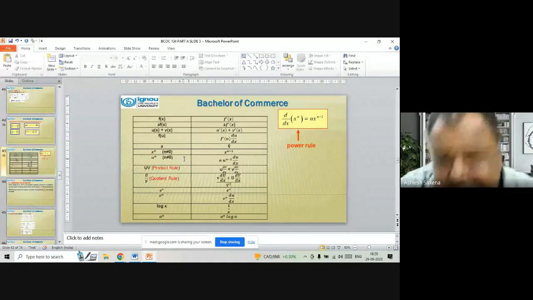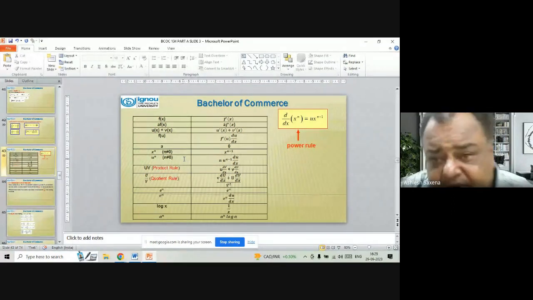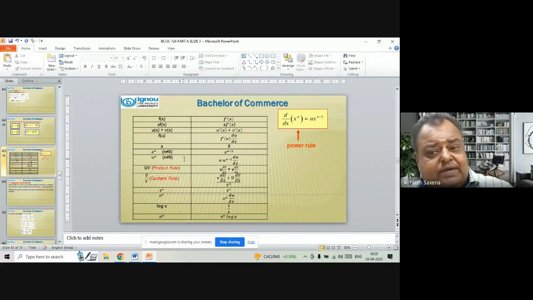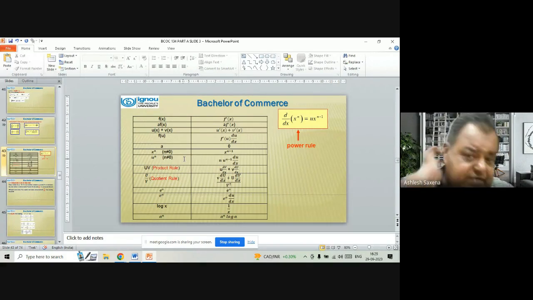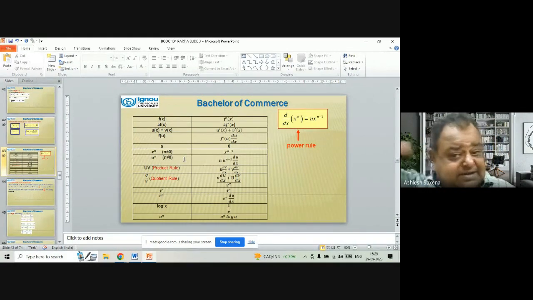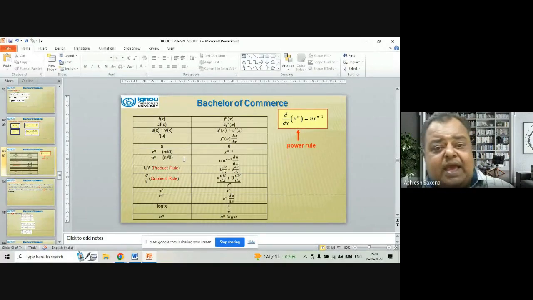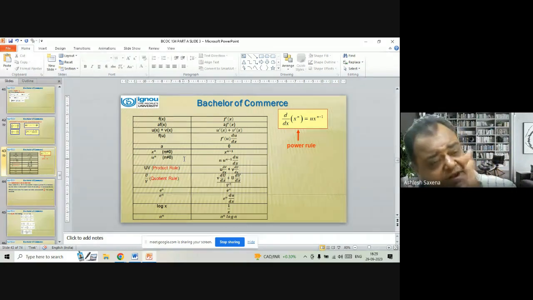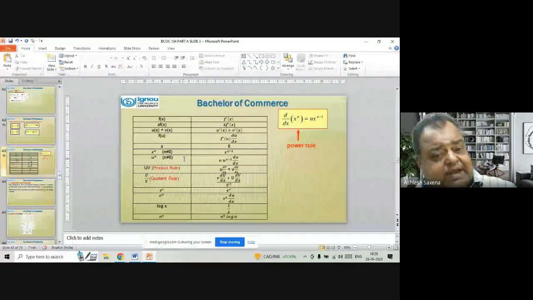On the right hand side of the screen, you can see the power rule. Power rule is what I was doing: x to the power n, I was just bringing n in front of x and reducing the power by one. In the column table form, you have standard results. d of a f(x) is a times f dash x. u(x) plus v(x) is u dash x plus v dash x. f(u) is f dash u into du by dx.